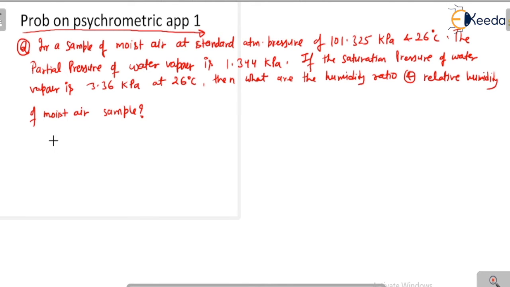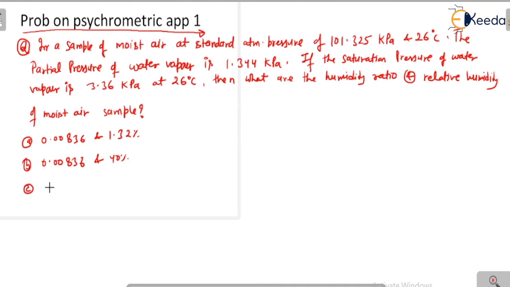Okay, that will be your question, and for that question, option A is 0.00836 and 1.32%. That means this percent value is your relative humidity, and this 0.00836 is your humidity ratio. Option B is 0.00836 and 40%.